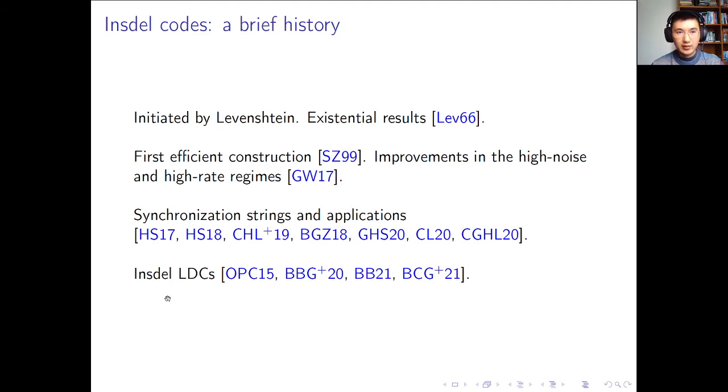And for the local variant, namely InsDel LDCs, there have not been many works. There are only a few of them, and the first 3 are all constructions, and the last one, which is our current paper, is a lower bound.